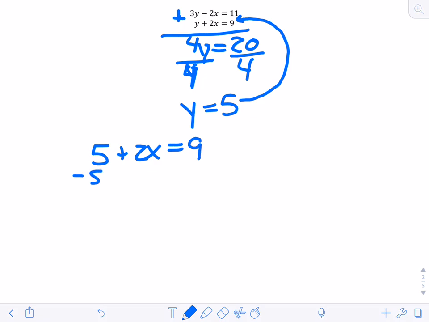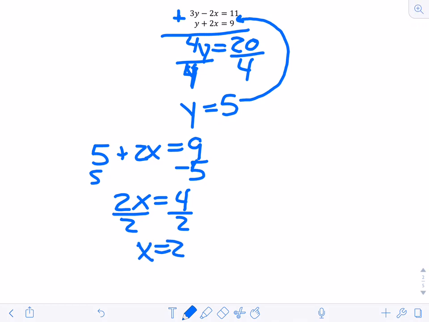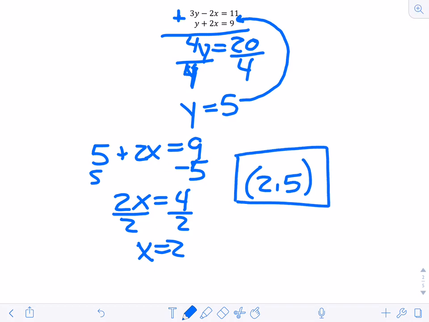We subtract 5 from both sides, and we get 2x is equal to 4. We divide by 2, and we get that x is equal to 2. As before, we can't leave it like this, so we write it as an ordered pair. We write (2, 5), and that's the solution we're looking for.